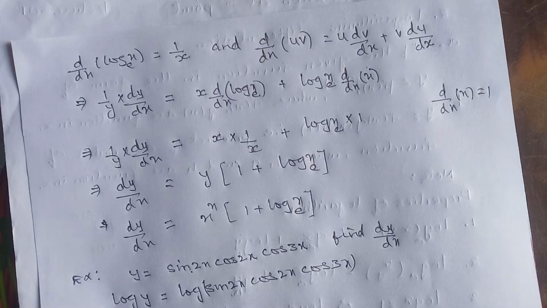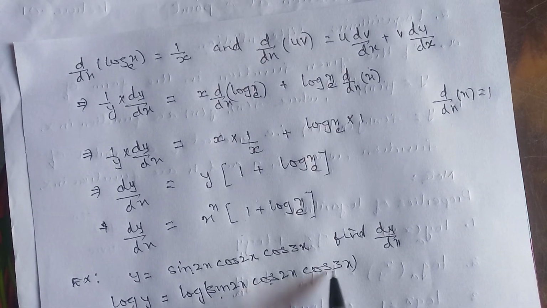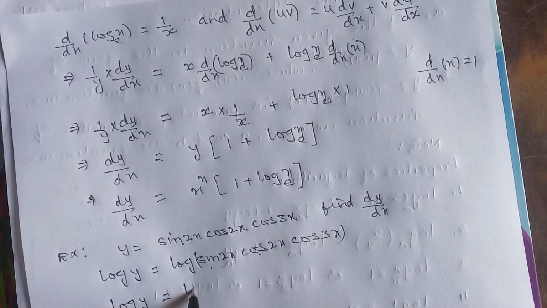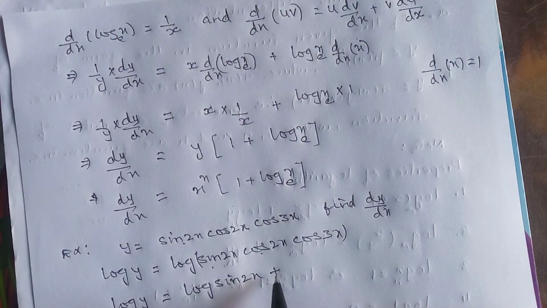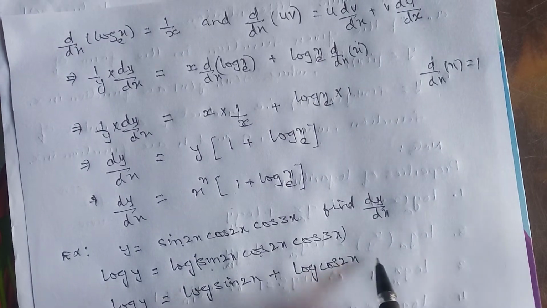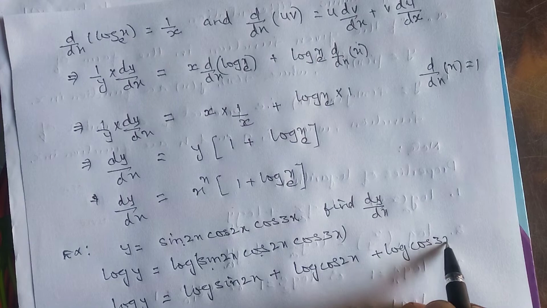Log y equals log of sin 2x cos 2x cos 3x. Here it is log a, log b, log c; in terms of a product, you can split it into addition: log sin 2x plus log cos 2x plus log cos 3x.